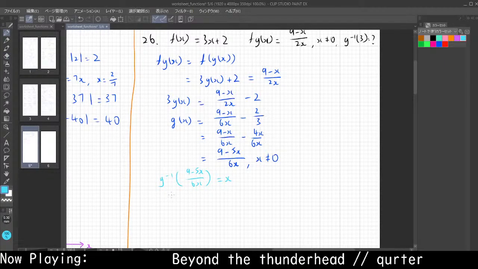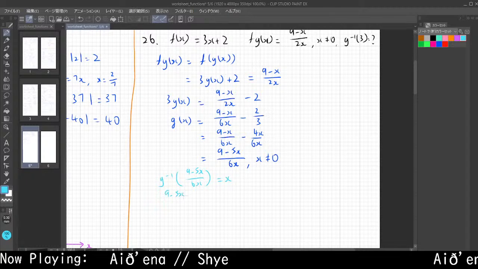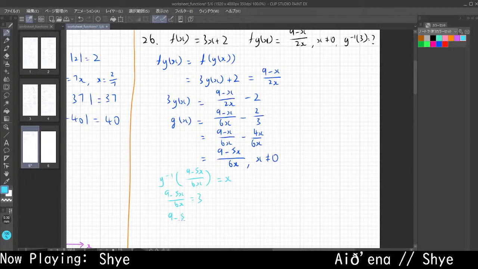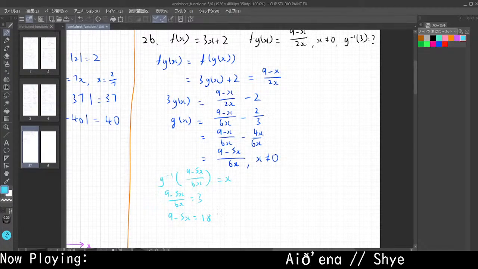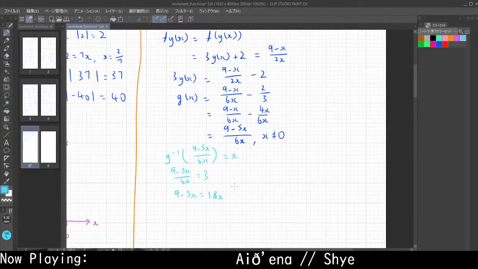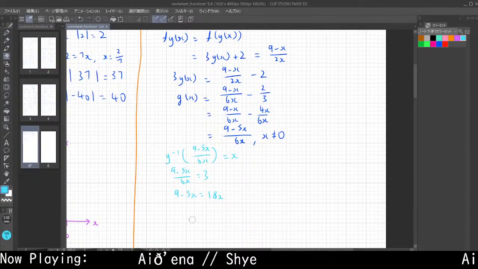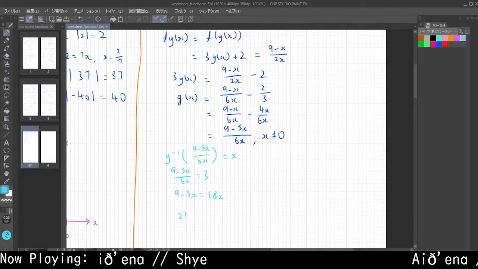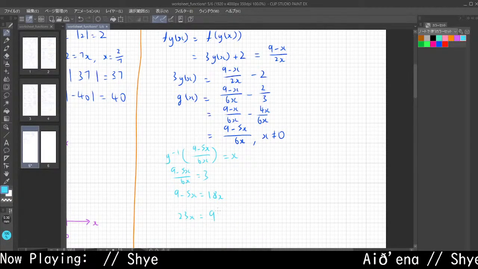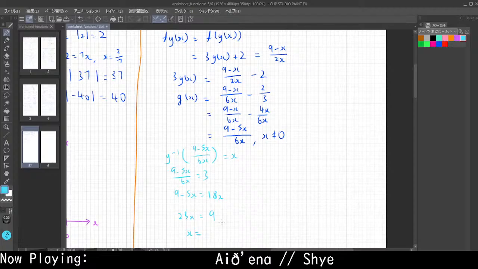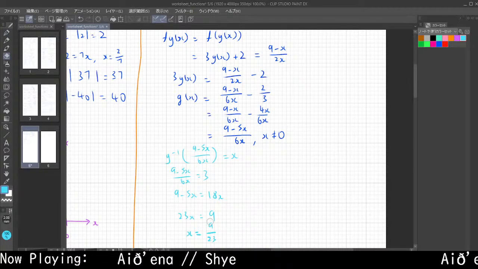So (9 minus 5x) over 6x equals 3. 9 minus 5x equals 3 times 6x, 3 times 6, 18x. Rearrange: 23x equals 9. Then minus 5x moves over to become plus 18 plus 5, 23. x will be equal to 9 over 23.